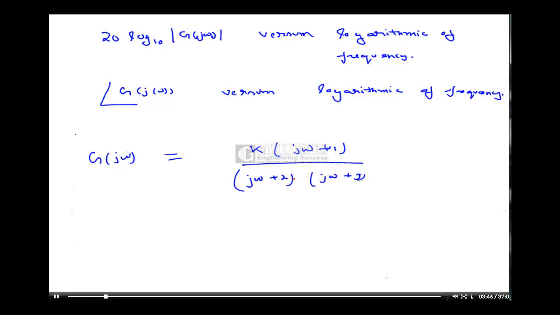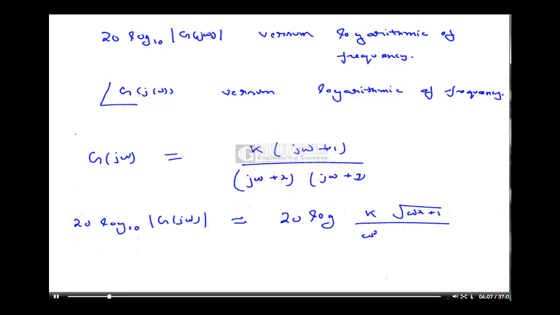Now to find the magnitude of G(j omega), 20 log 10 of |G(j omega)| will be 20 log of K times under root of (omega square plus 1) upon under root of (omega square plus 4) under root of (omega square plus 9).